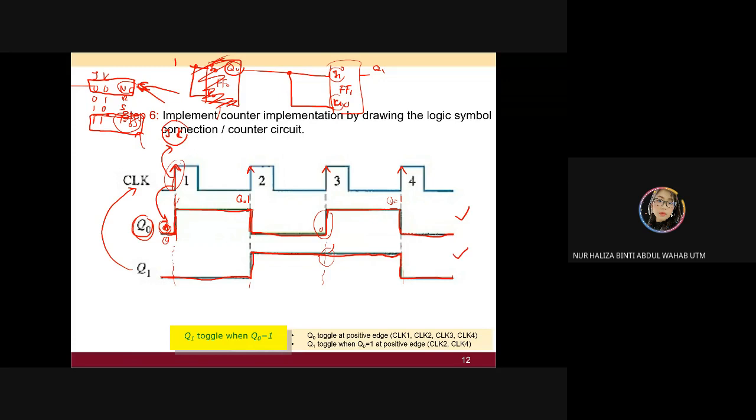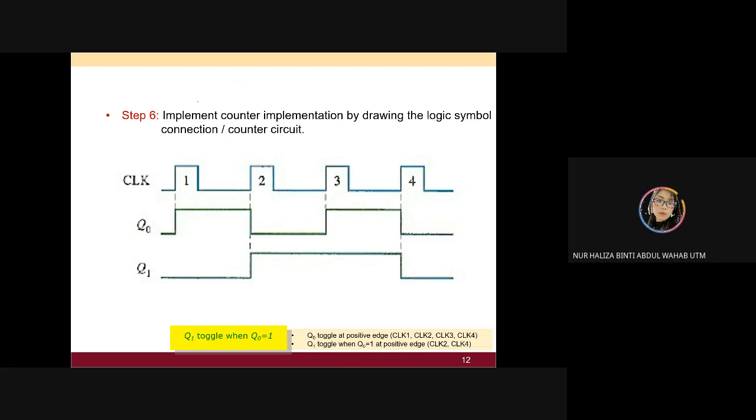So this is the diagram that you will come up with for the counter. That's why after that you can see 0, 0, and then you have 0, 1, and you have here 1, 0, 1, 1, and then 0, 0. So this is the sequence of your counter.